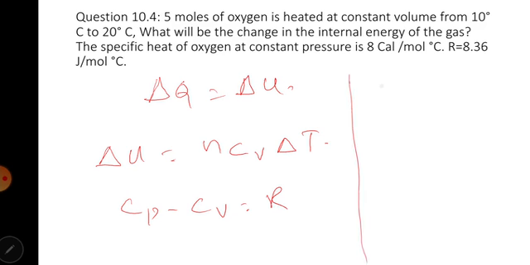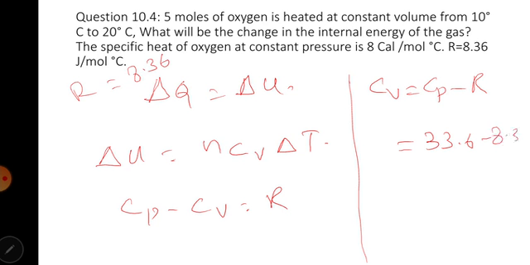So Cv is equal to Cp minus R, which is 33.6, which we have calculated, minus R, which is 8.36. This is a constant, joule per mole per Kelvin.